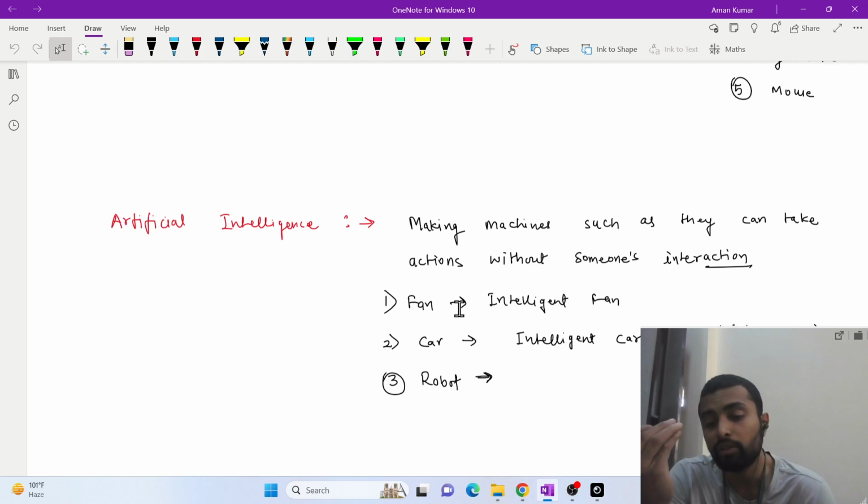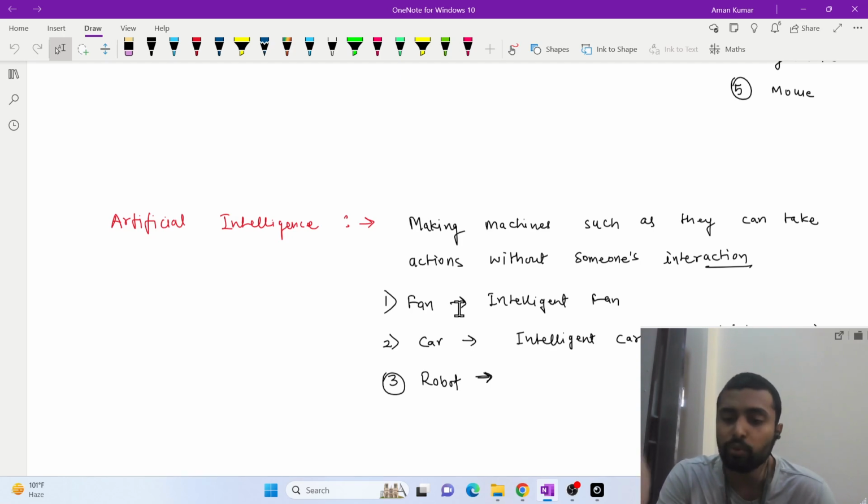So this is the simple definition of intelligence, when a fan will have intelligence. And also in that fan, let's say today is 42 degrees, and let's say tomorrow it becomes 35 degrees. So it should also learn that if the temperature is 42 degrees, the fan should run at high speed.